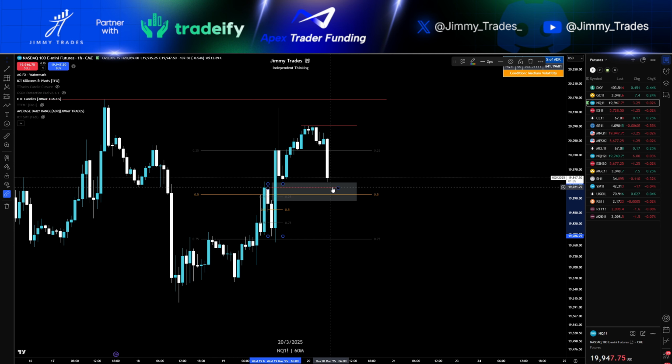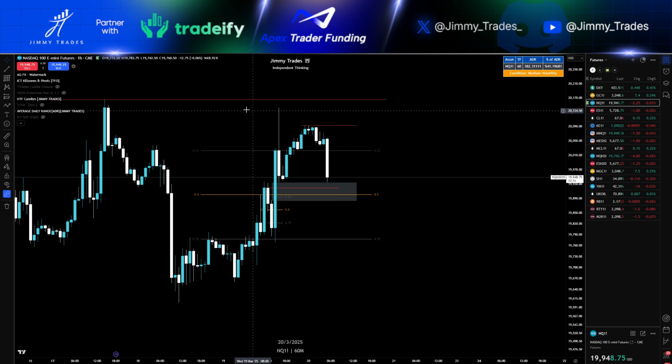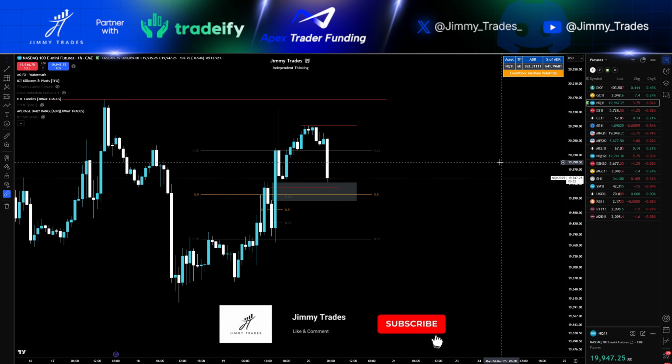Find support off this level here inside this bullish FVG, it's happy days. Price to move higher. Look to seek out these highs here and potentially move up to this Monday high.